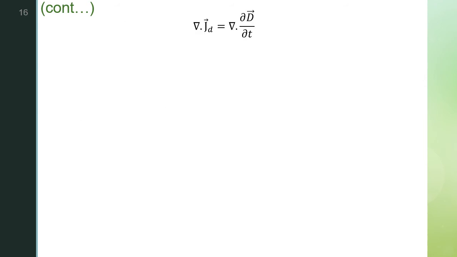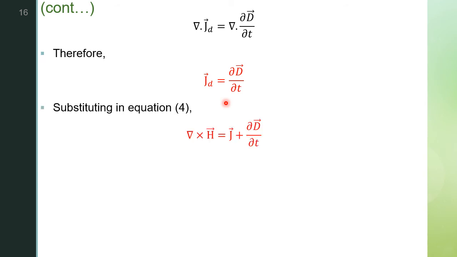Thus, from the equation del dot JD equal to del dot dou D by dou t, we get the value of JD to be dou D by dou t. So the new term which we introduced into the expression is JD, which is equal to dou D by dou t, the rate of change of electric flux density.